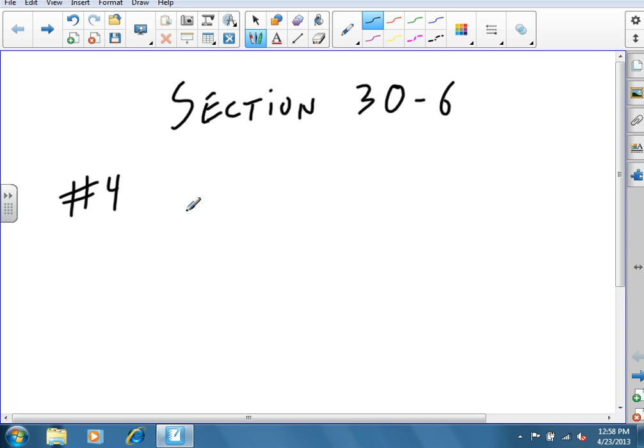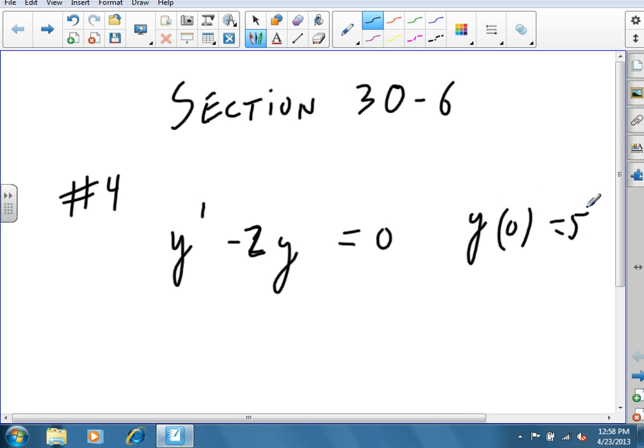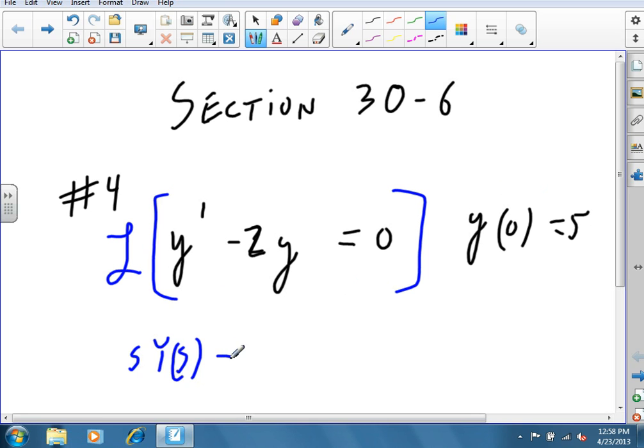Anyway, number 4. Oh, this is pretty simple. I've got y prime minus 2y is equal to 0, and y at 0 is 5. I'm going to take the Laplace transform of these and say s y of s minus 5 minus 2y of s is equal to 0. So where's my Laplace transform table?